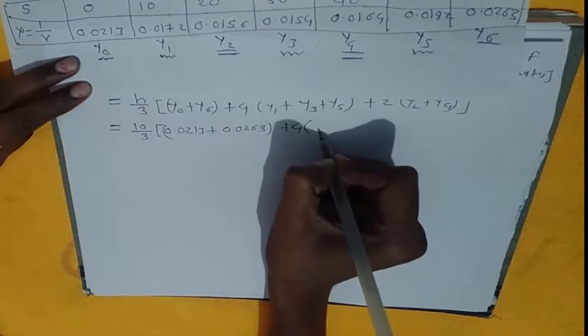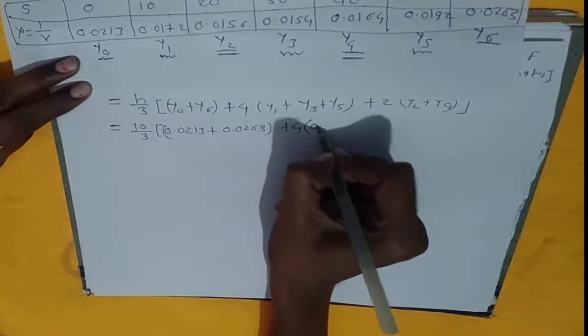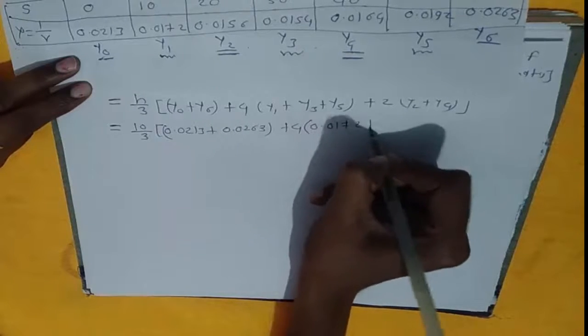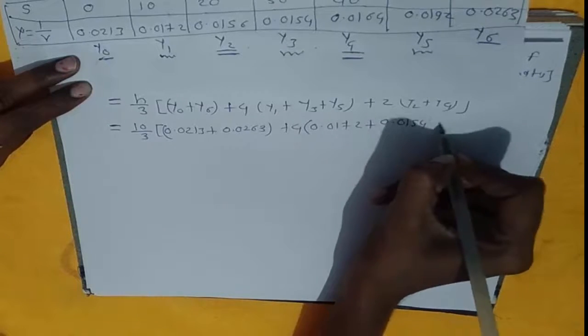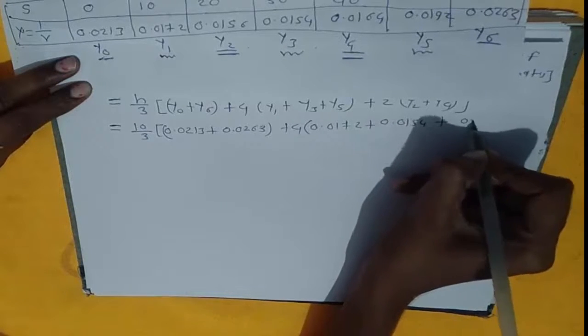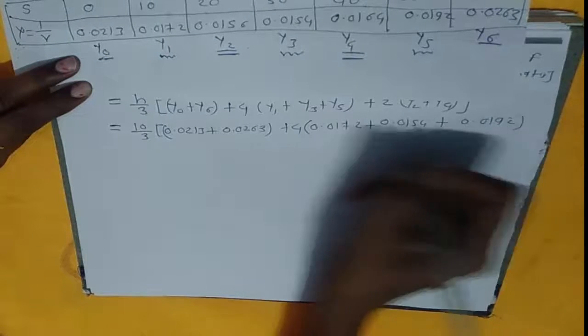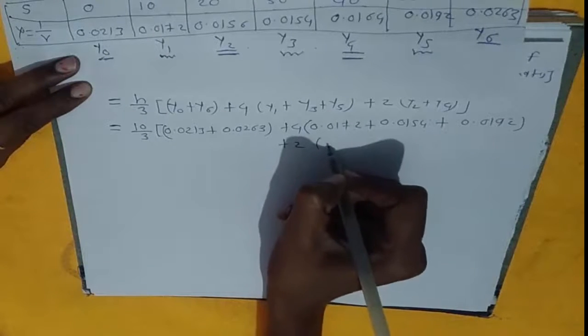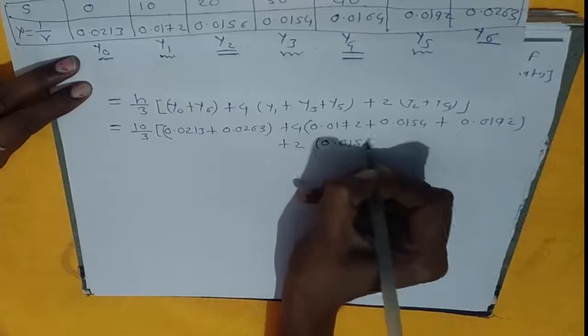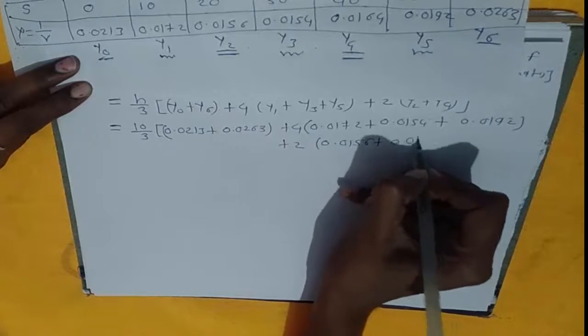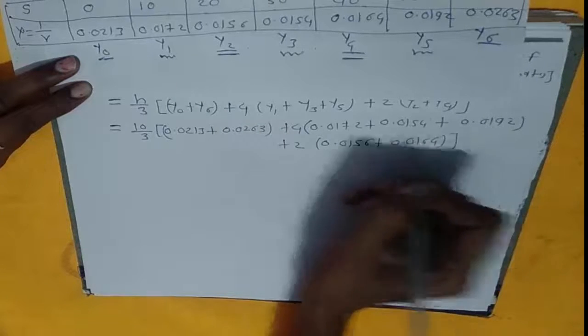The value of y1 is 0.0172, plus y3 is 0.0154, plus y5 is 0.0192. And plus 2 times y2 plus y4: the value of y2 is 0.0156 plus 0.0164. Bracket complete.